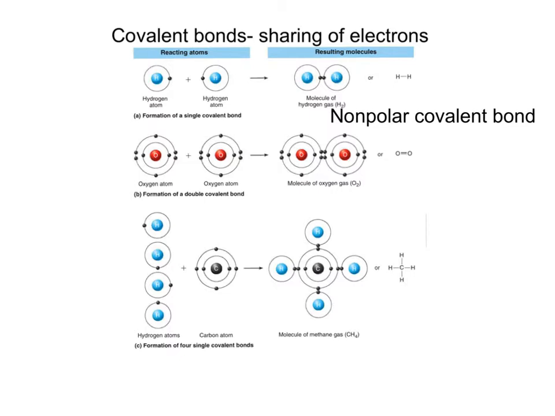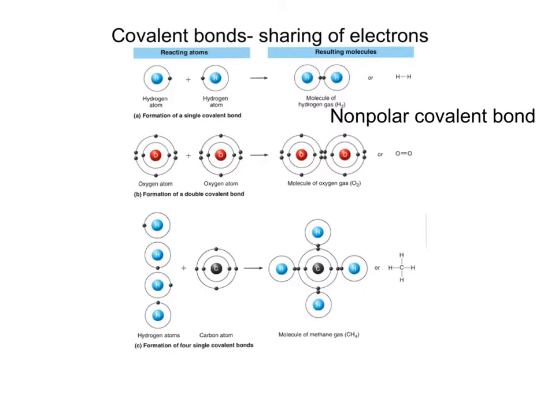Now, on this second picture, you can see a molecule of oxygen. Again, you have 6 valence electrons on one, 6 valence electrons on the other. In order to have 8, they both need 2, so they're going to share two pairs. This is a double covalent bond.